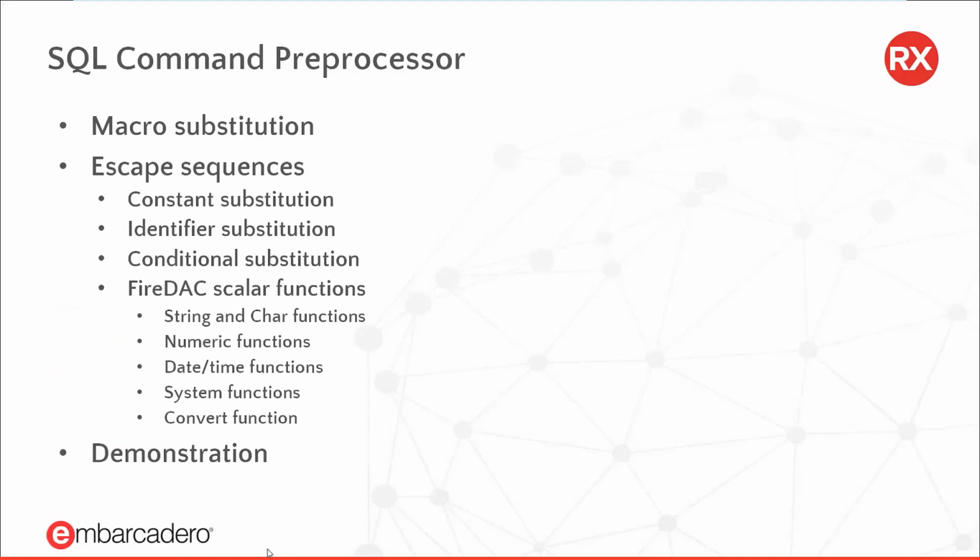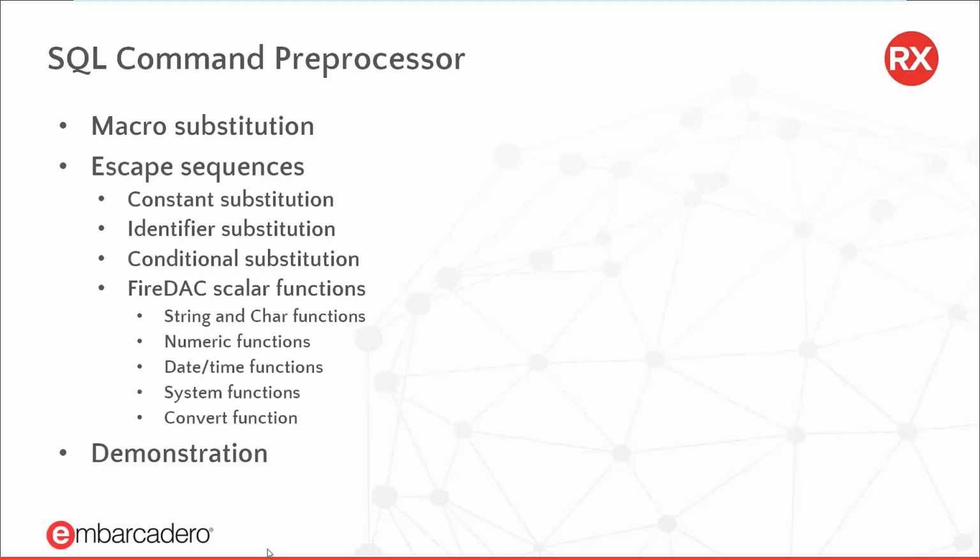Okay, the SQL command preprocessor. I decided to include this one because it's really interesting that it gives you a great deal of power, especially if you have to write an application that may need to work with more than one database. Say, for instance, that your company supports both Oracle and Microsoft SQL Server.